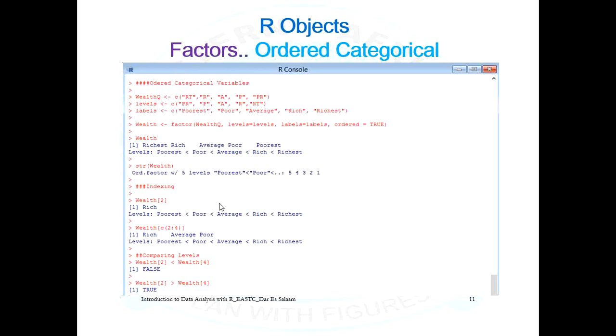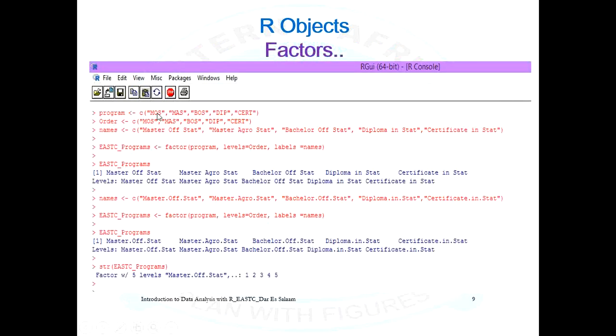Now, how is it implemented? Here is an example. First we have the weight quintals, we have the labels, and we have the levels, as it was in the previous example right here. We had the ISTEC programs, order, and the names.